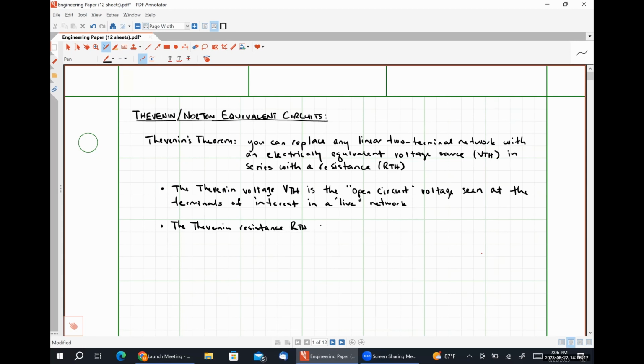Okay. Now the Thevenin resistance RTH is the equivalent resistance seen looking into the terminals of interest in a dead network, where a dead network simply means that we are turning off all of our independent voltage and current sources.